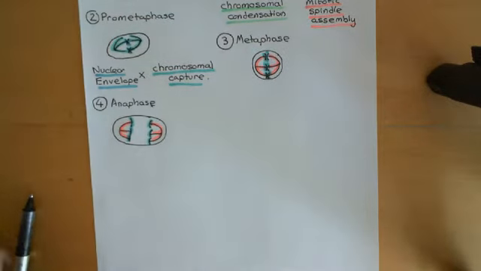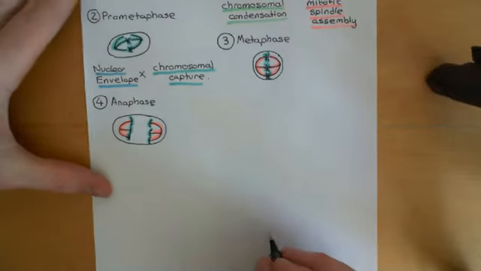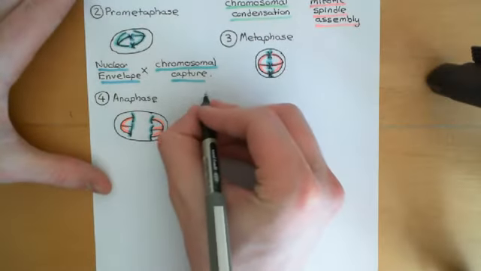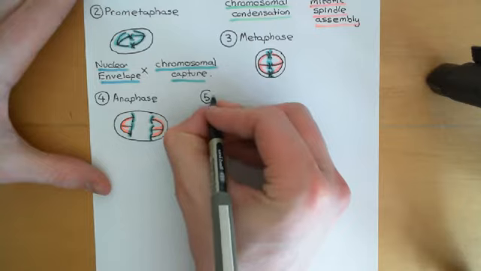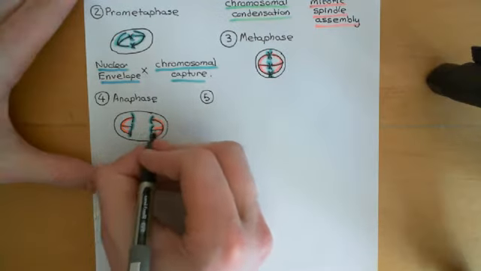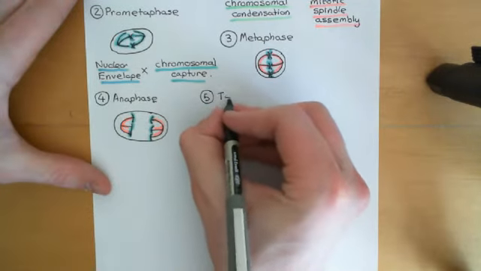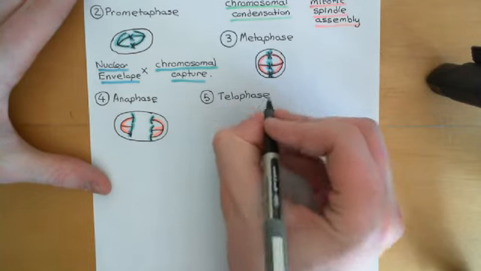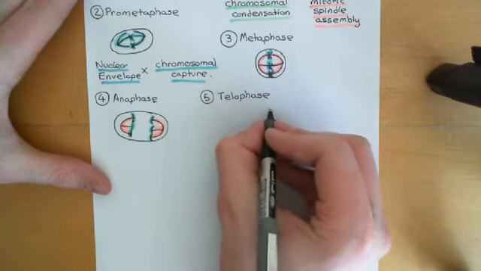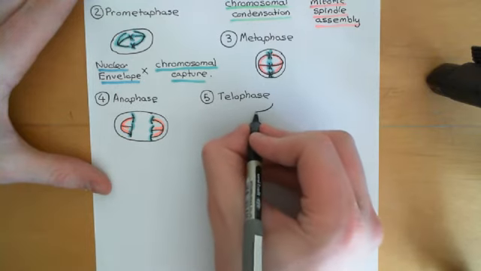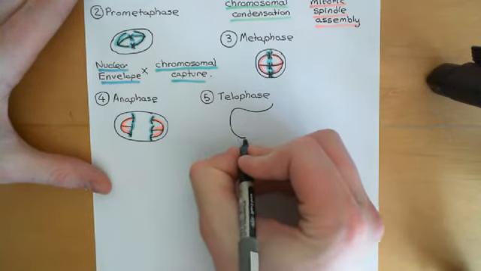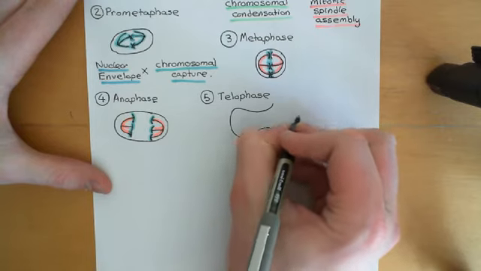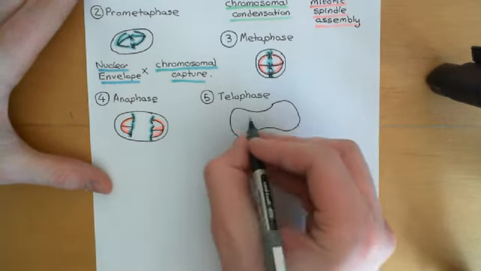Then in the 5th phase of M phase, what's going to occur is you're going to get the nuclear envelopes reforming. So telophase is the 5th phase of the M phase. The nuclear envelopes are now going to reform, and you're going to begin the process of cytokinesis. So the cell is going to adopt this sort of dumbbell shape like so.